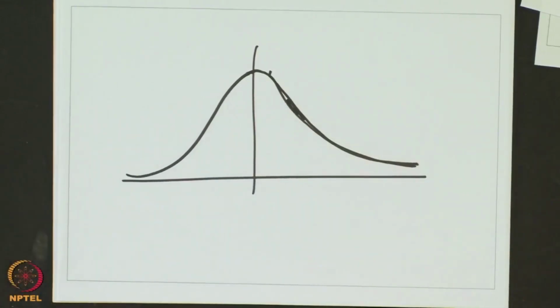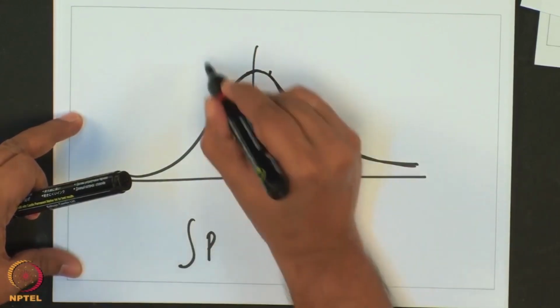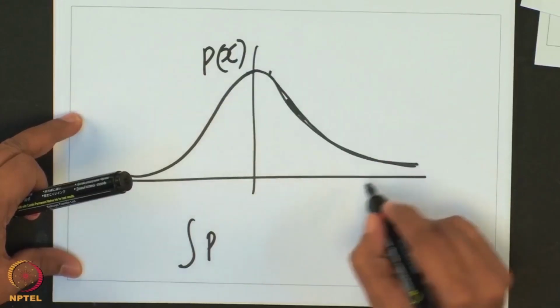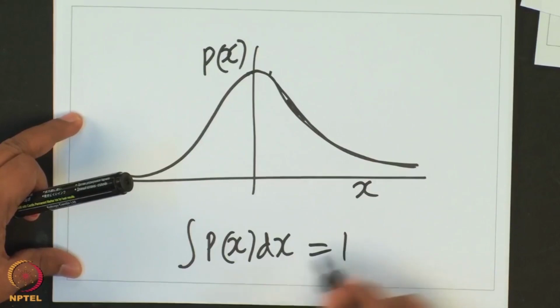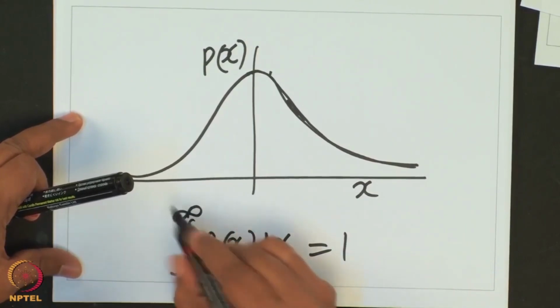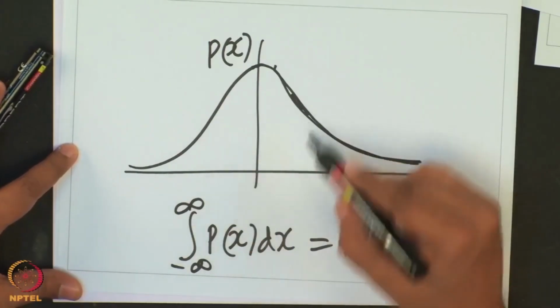Now, this is p of x versus x, and this integral being equal to 1 would mean that the whole area under this curve is 1.